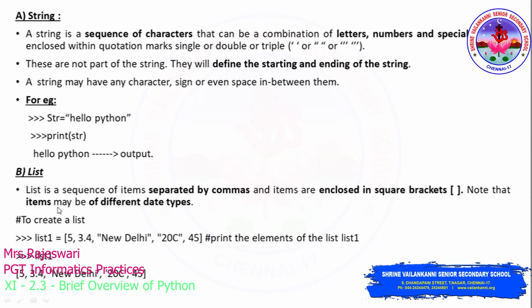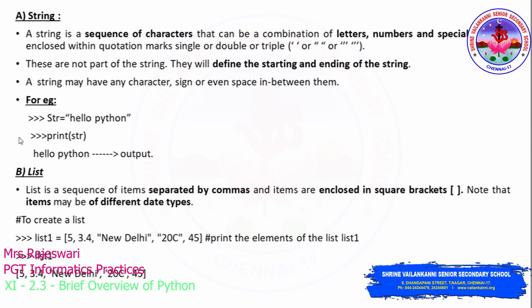Similarly, now the next data type, which is list, we are going to discuss. List means it is a sequence of items separated by commas. In a string, you will not separate with commas. What is the general meaning of list? If your mom is going to buy provisions, she will prepare a list, right? What are the things to be purchased? She will write one after the other. That represents a list, all the things which you wanted to buy.